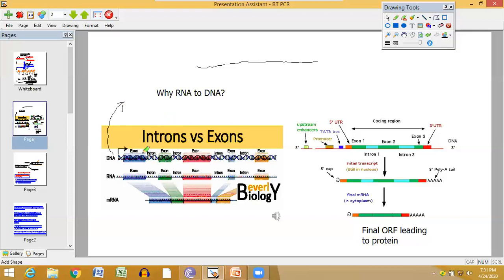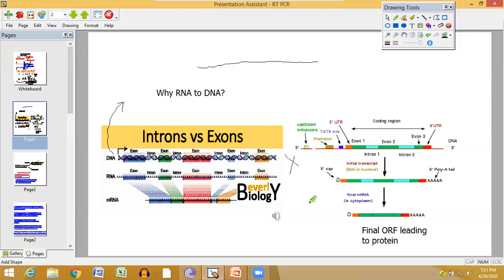When you do the PCR, all the exons and introns will come, right? So if you clone the whole thing in a vector and want to express it, the protein will not be expressed, because of the presence of introns.